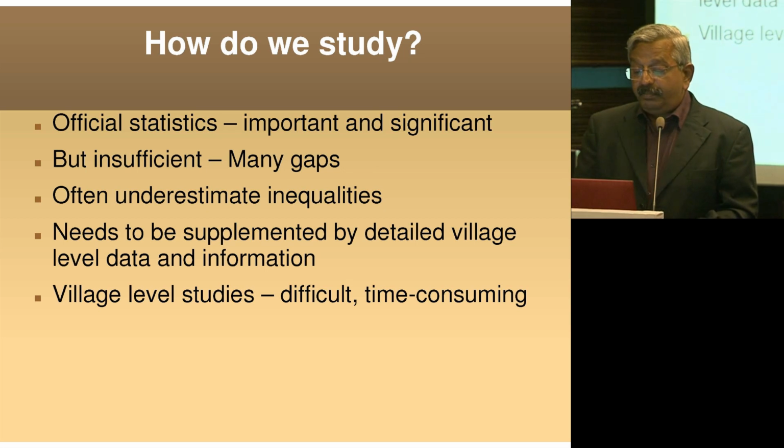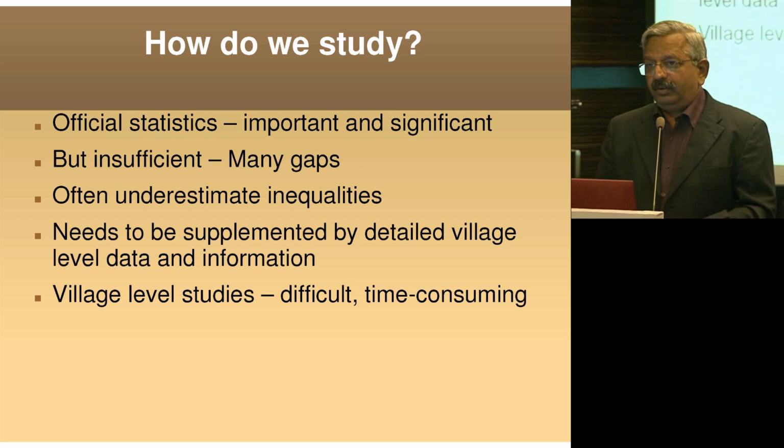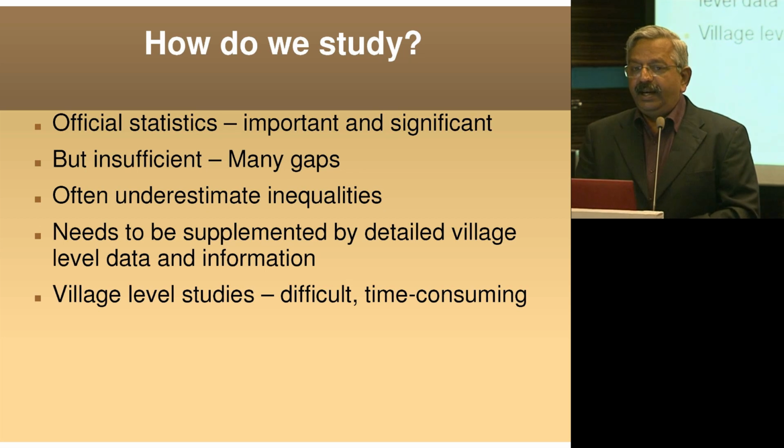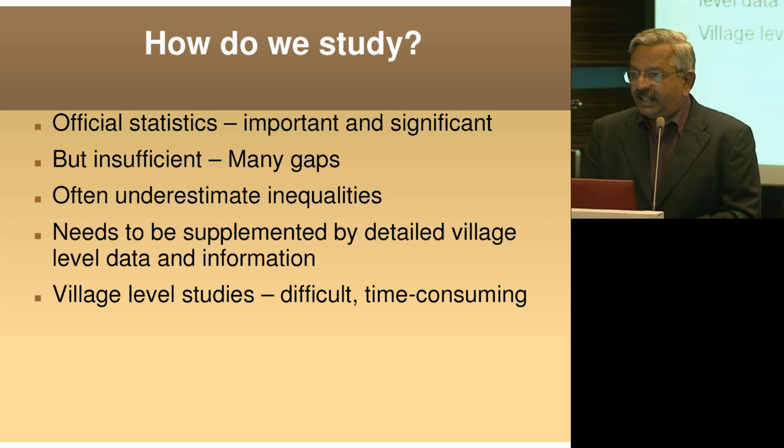So a lot of what I will say in just a little while depends on work which has been done by a research outfit called the Foundation for Agrarian Studies. They used to be in Calcutta. Currently, they are located in Bangalore itself.